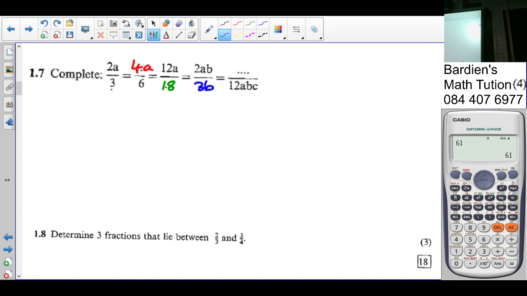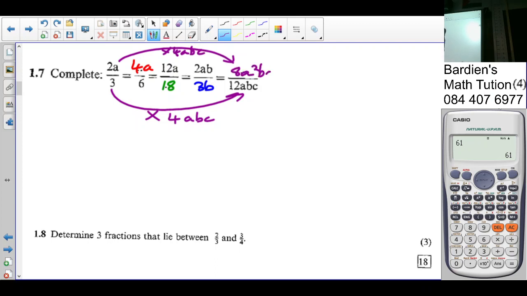How do we get from 3 to 12abc? Times by 4abc, not so? We do the same on top. Times by 4abc, which gives us 8a squared bc. Why b squared? Okay, any confusion?